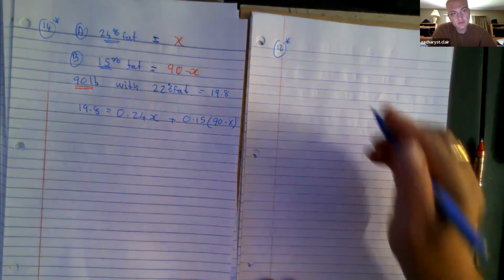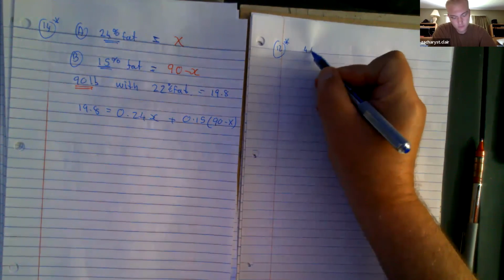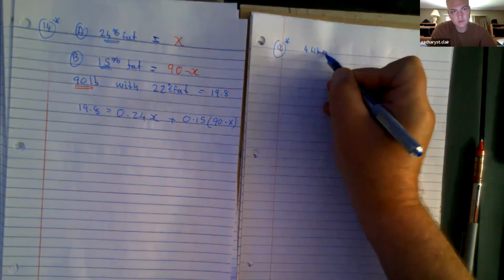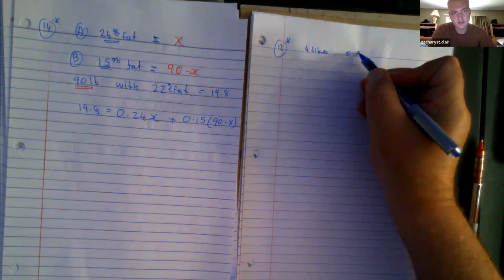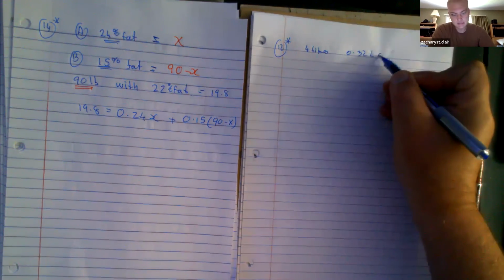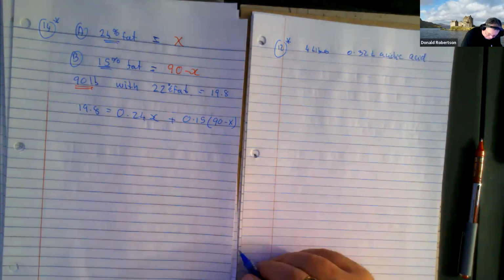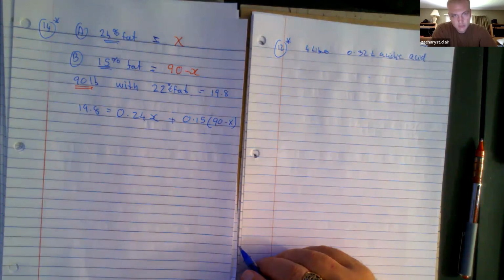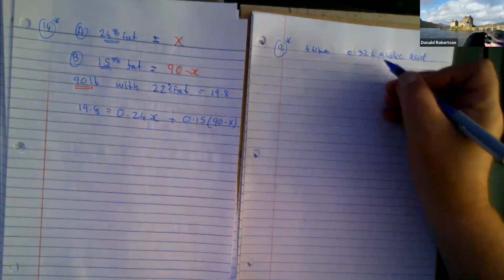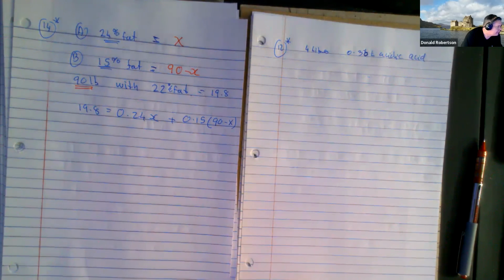So a chemist has 4 liters of a solution that contains 0.36 liters of acetic acid. Okay. So the 4 contains 0.36. And did you say 0.36? Yes, sir.